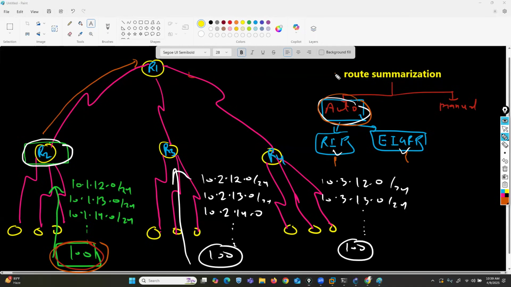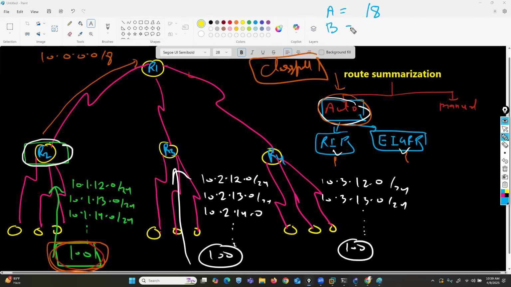The problem with auto summarization is what? It's a classful summarization. This is the issue. It means R2 will summarize these networks in a single line and it will send 10.0.0.0/8. If the network is part of a class A IP, the protocol will summarize this route information with /8. If the IP is part of class B, it will summarize it with /16.